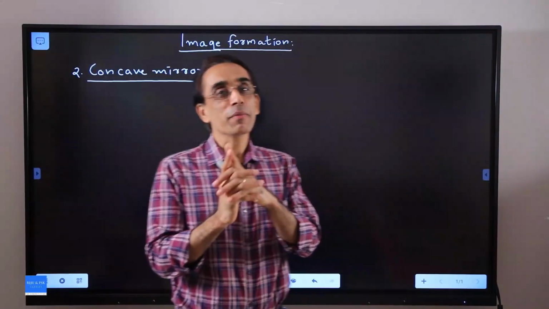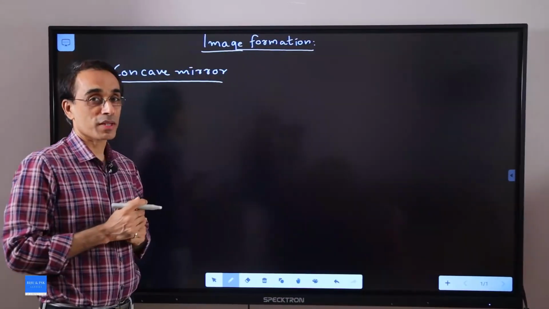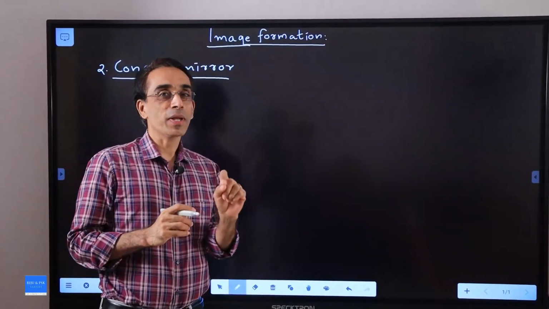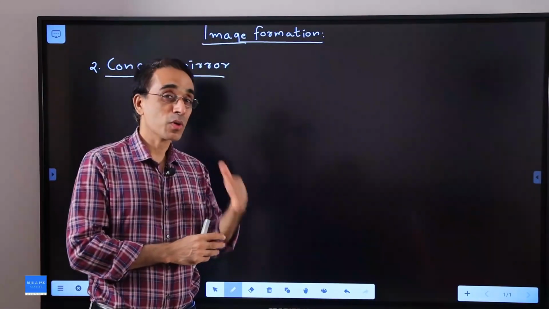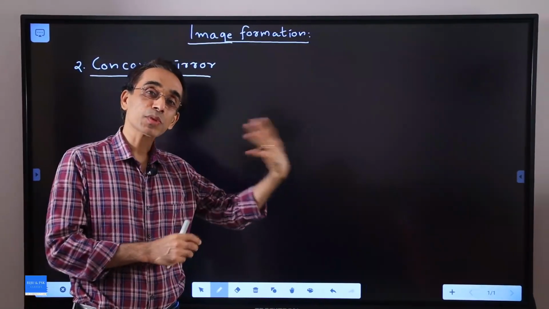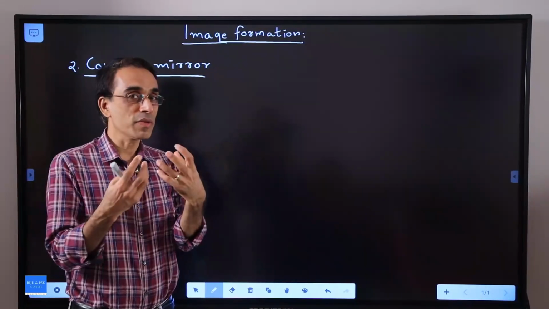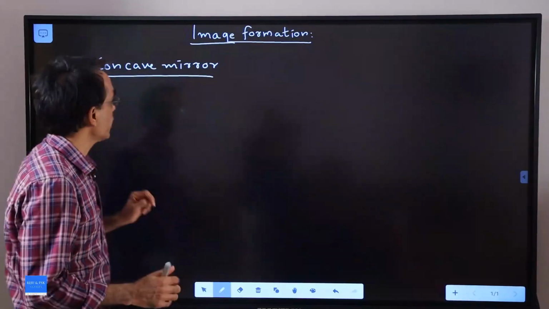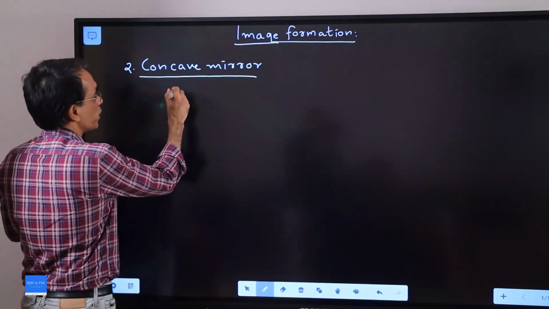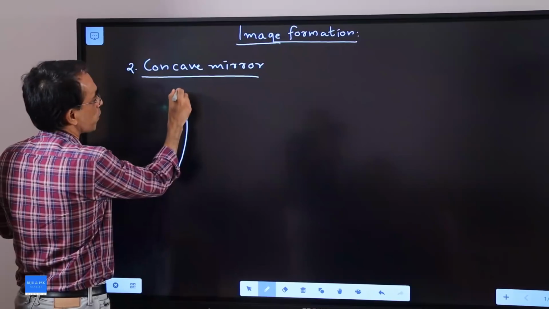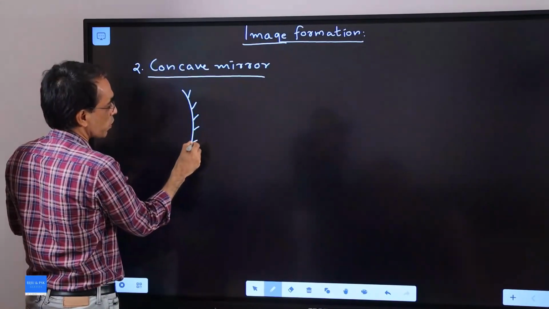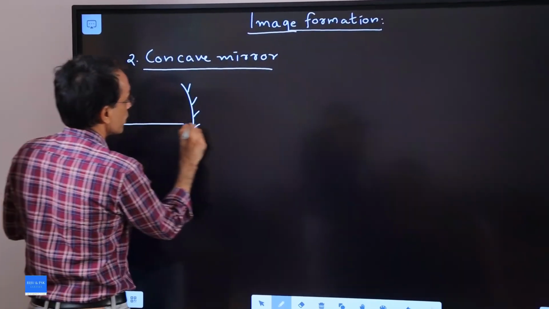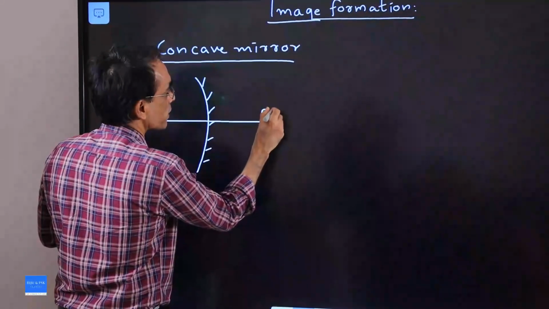Now we will take up image formation in a concave mirror. See, in the case of a plane mirror, you had only one diagram, but for concave mirror, you have something like 6 to 7 different diagrams. But we will discuss only the very basic method of doing any diagram. Fine. In a concave mirror, you need to think about various possibilities, that this is the concave mirror, this is the principal axis.